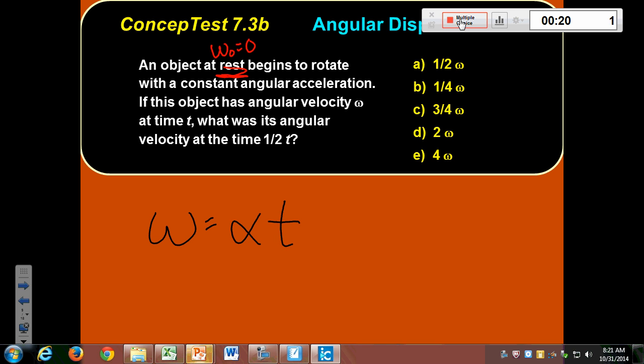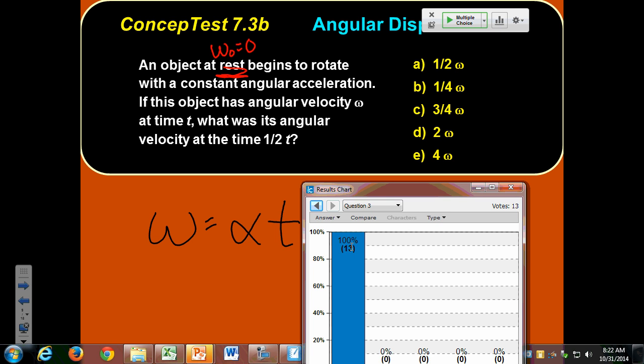So if I halve the time, what happens to omega? Very good.